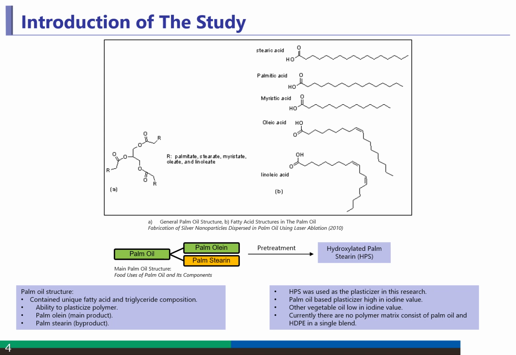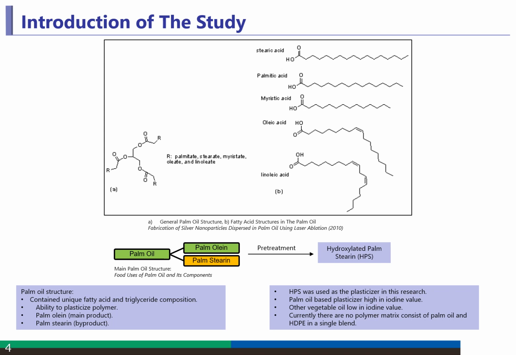The first one is stearic acid, the second one is palmitic acid, followed by myristic acid, oleic acid, and linoleic acid. As the palm stearin goes through pretreatment, it produces the hydroxylated palm stearin, which is the main plasticizer of the HDPE in my research.